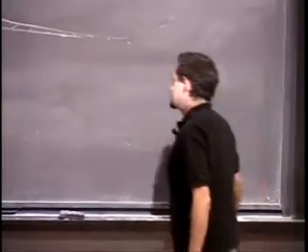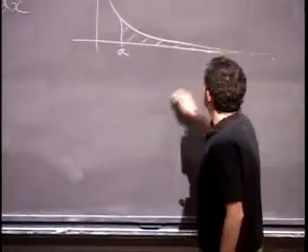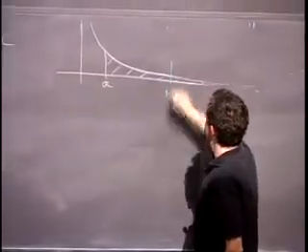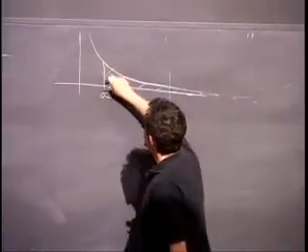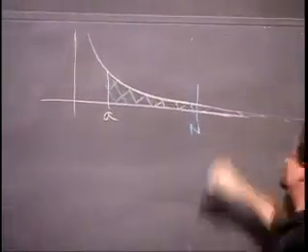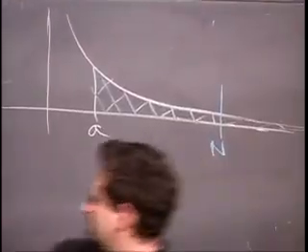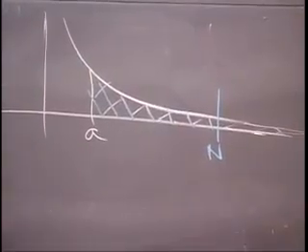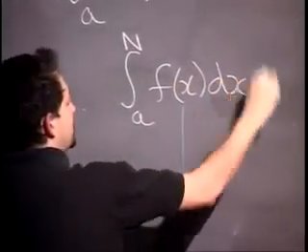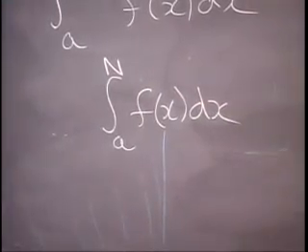Well, instead of using an epsilon, now what I'm going to do is cut it off at some point n and look at this area here. So that blue area is the integral from a to capital N of f of x dx. Then let's move n here, so we'll pick up some more area.